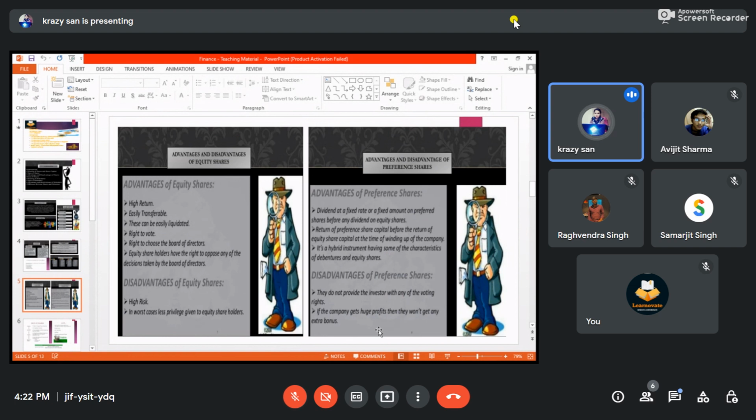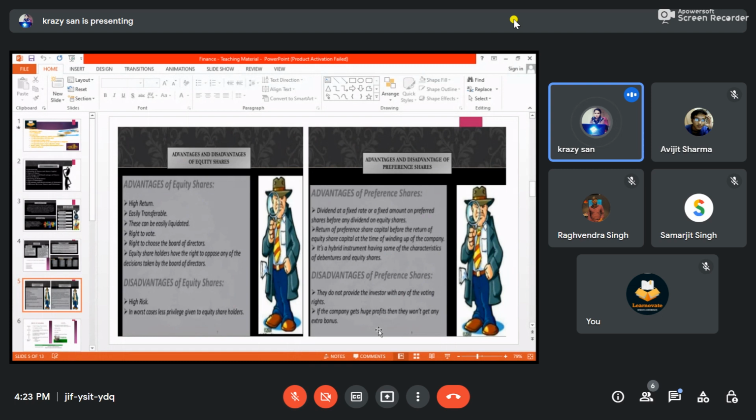You have a right to vote in the organization, you can even play a role in choosing the board of directors, and equity shareholders have the right to oppose any decision taken by the board of directors. And what is the disadvantage? Obviously higher risk, because if you are a part of profit sharing, you have to become a part of loss sharing also. In the worst cases, less privilege is given to equity shareholders.